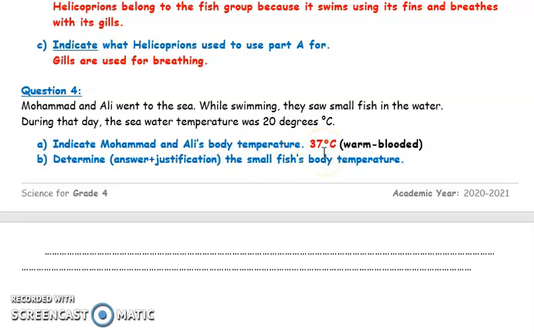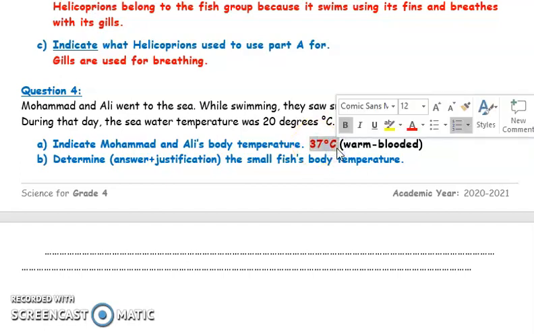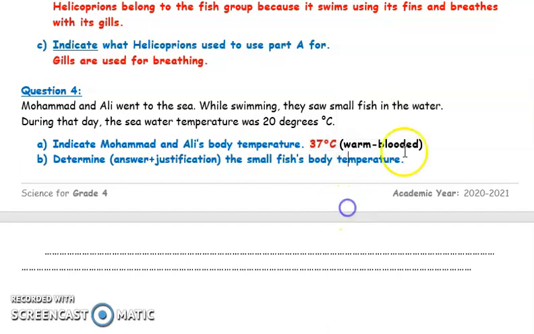In summer, in winter, if it's too cold or too hot, we have a fixed body temperature of 37 degrees. What about fish? Fish are cold-blooded. They do not have, like us, a fixed body temperature. Their temperature changes according to the surroundings, to the environment.